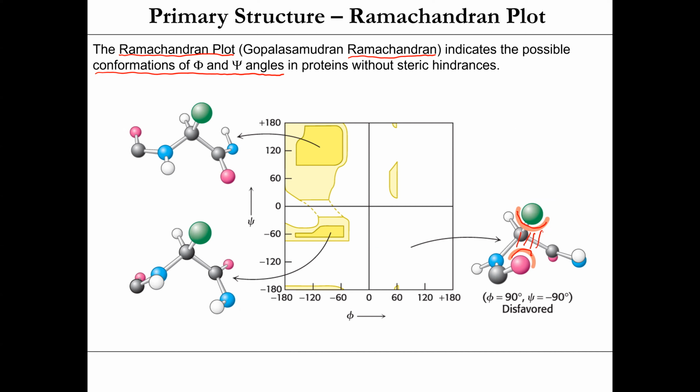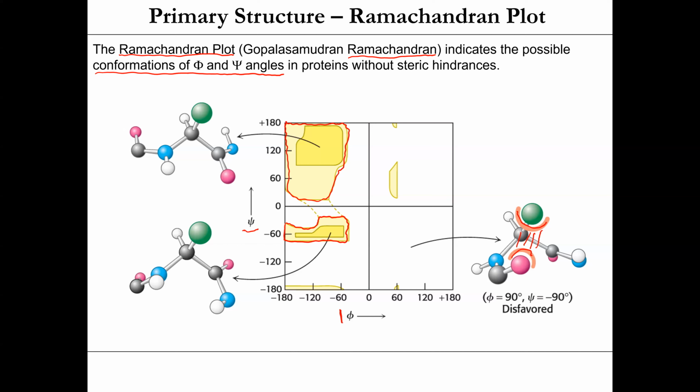So he determined that there are very specific angles of these phi and psi bonds that line up with this plot, where most phi and psi bonds are going to have conformations that correspond to specific regions on this Ramachandran plot, especially these two regions right here.